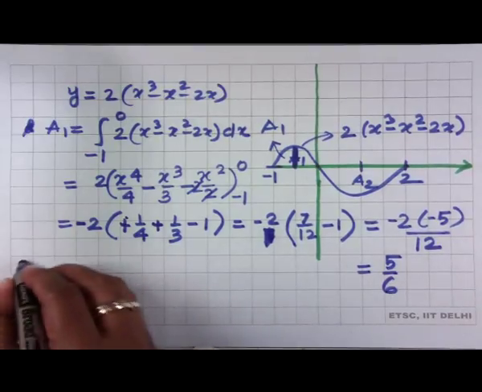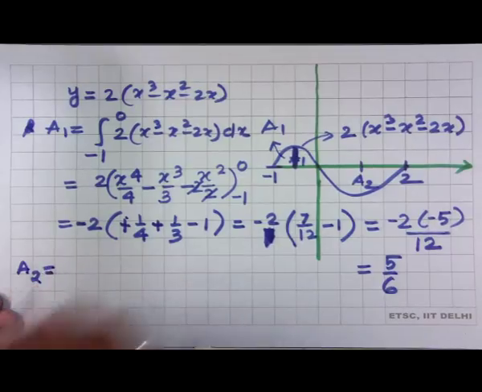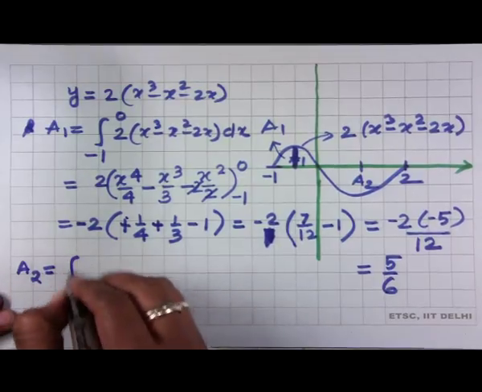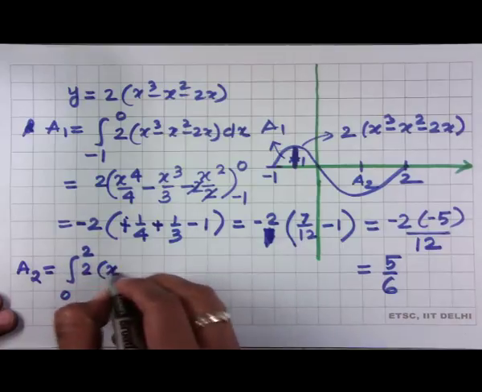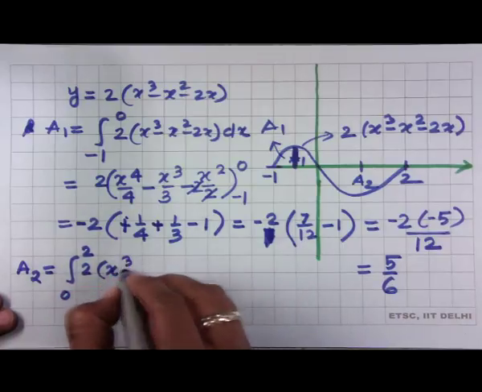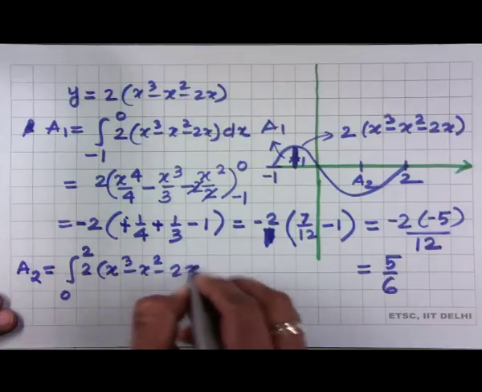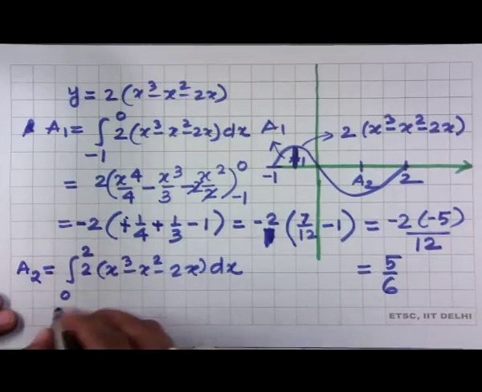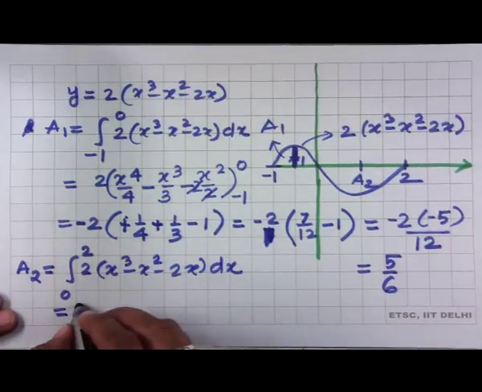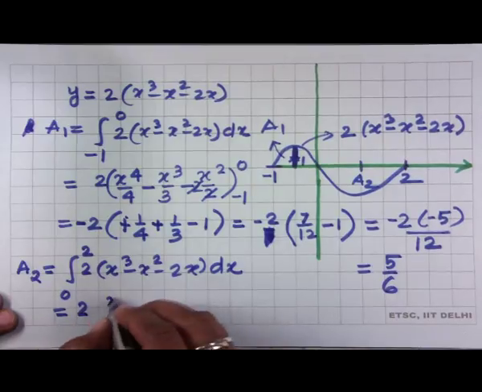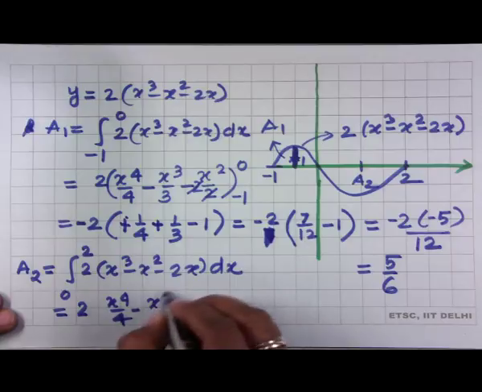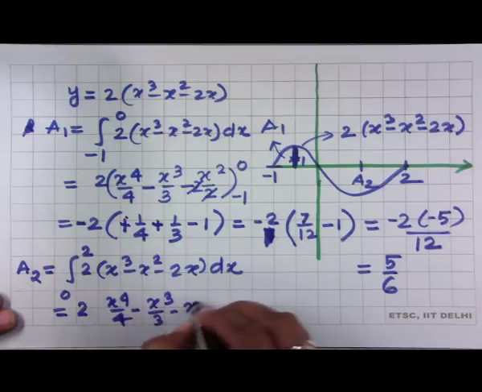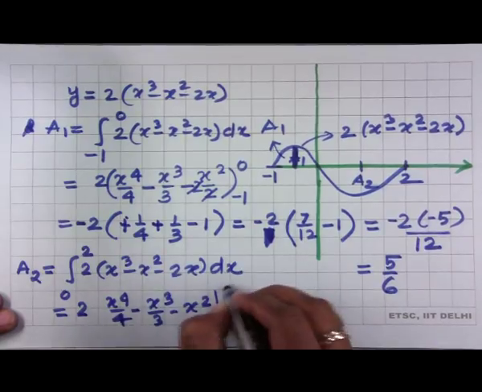Then A2 is equal to the integral from 0 to 2 of 2 times x cube minus x square minus 2x dx. This is equal to 2x to the power 4 by 4 minus x cube by 3 minus x square, from 0 to 2.